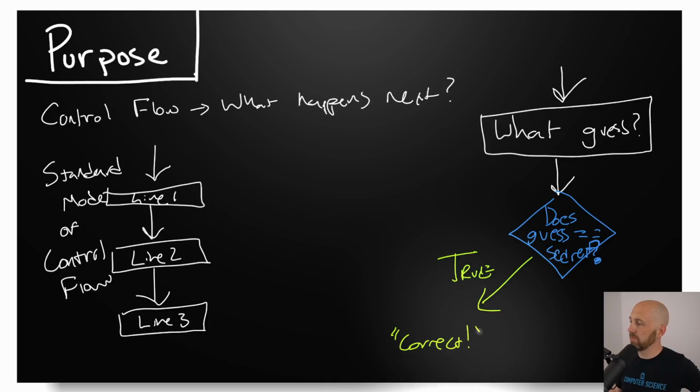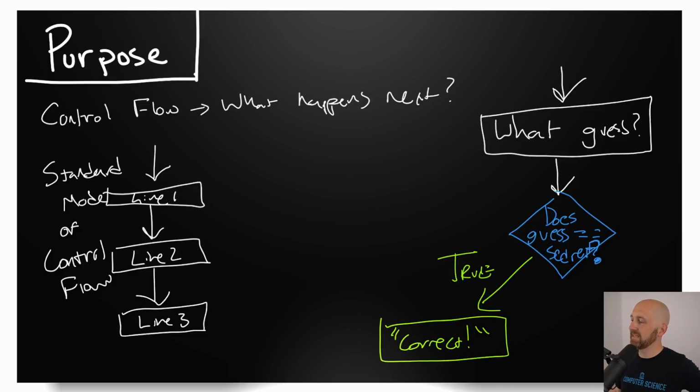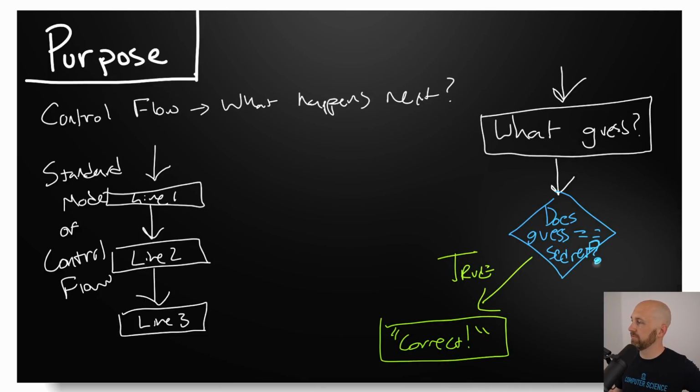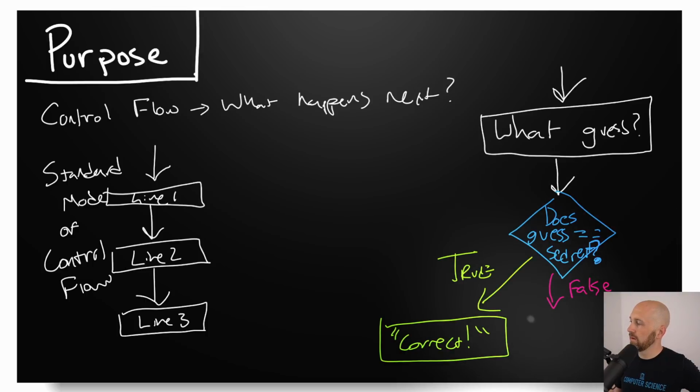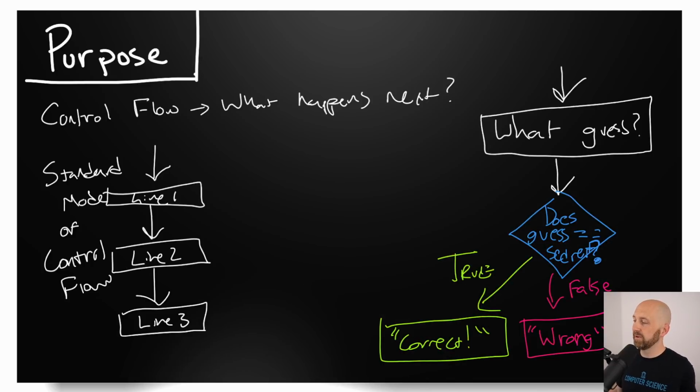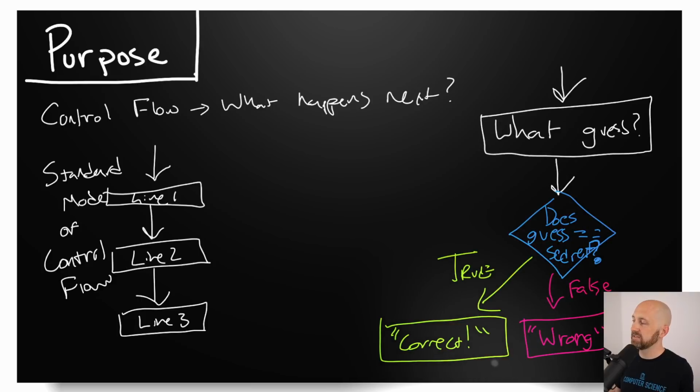So this is one place that our program might continue on to. And if it's incorrect, so if the user had instead guessed false, then we would print a different message, wrong. Now, after either of these, we might print a message that says thanks for playing. So each of these would continue on after this in our program.